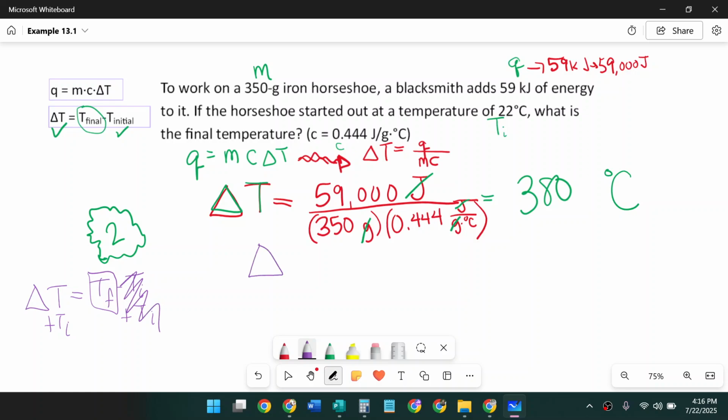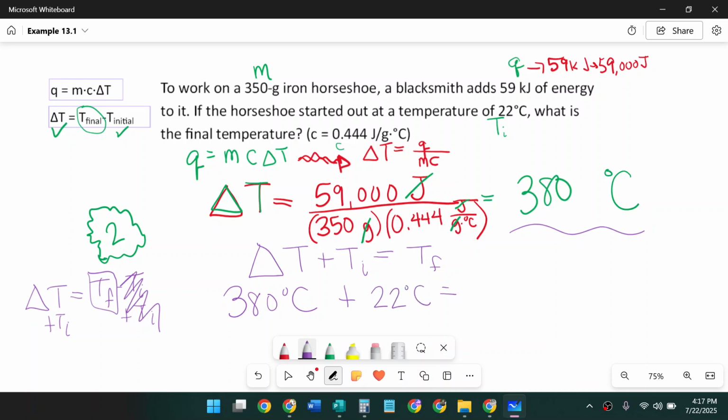So let's use that equation. Change in temperature plus the initial temperature will give us our final temperature. Our change in temperature was 380 degrees Celsius. And then our initial temperature was given in the problem right here. It's 22 degrees Celsius.